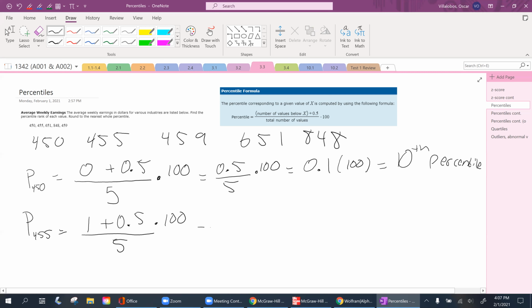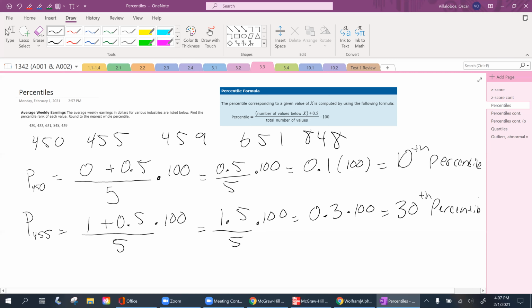Multiplying by 100 is the last part. So this gives me 1.5 divided by 5 times 100. 1.5 divided by 5 gives me 0.3, times 100 gives me 30. So 455 is in the 30th percentile rank.